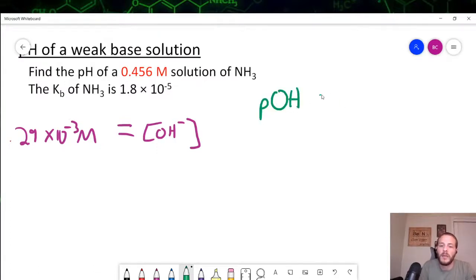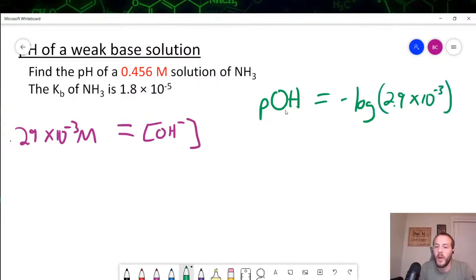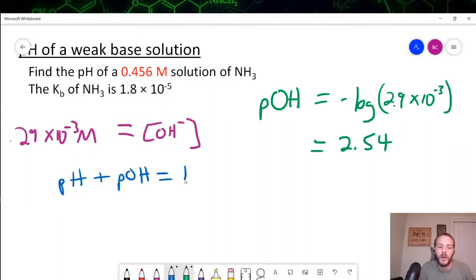pOH is the negative logarithm of the hydroxide ion concentration. So that's pOH, negative log of 2.9 times 10 to the minus 3, right? So what's the value of pOH that I end up getting? Well, if I plug this into a calculator, I'm going to get a value of 2.54. And then we understand that pH plus pOH is equal to 14.